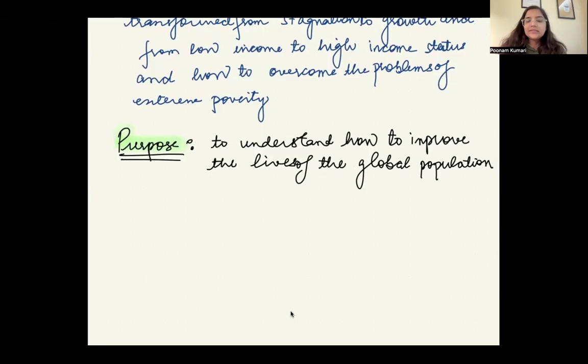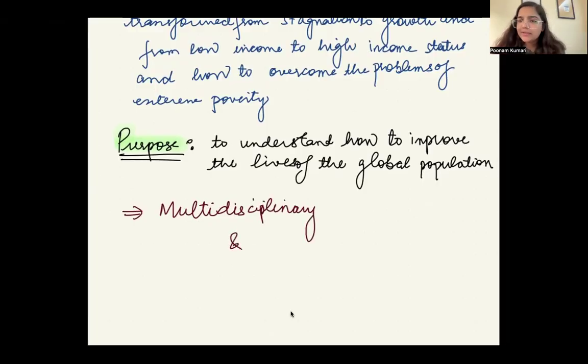Second thing, this subject in itself is going to be very multidisciplinary, right? Yes, ma'am. So this subject is very multidisciplinary, and it requires collaboration from multiple stakeholders.